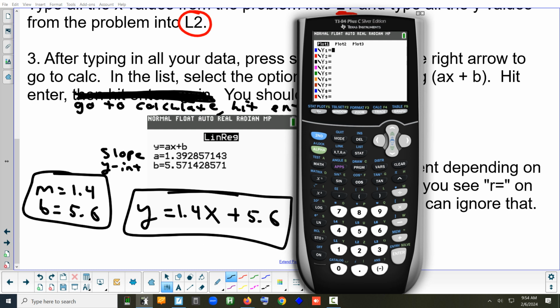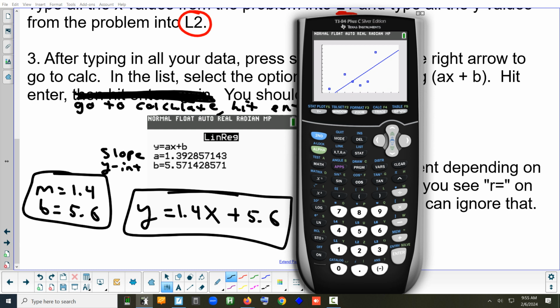Let's just see how good it looks. 1.4x plus 5.6. Okay. What do you think? Does that look pretty good? It's about as good as you're going to get. 3 points above it, 2 points below it. Okay. So we'll practice doing another one of those tomorrow.